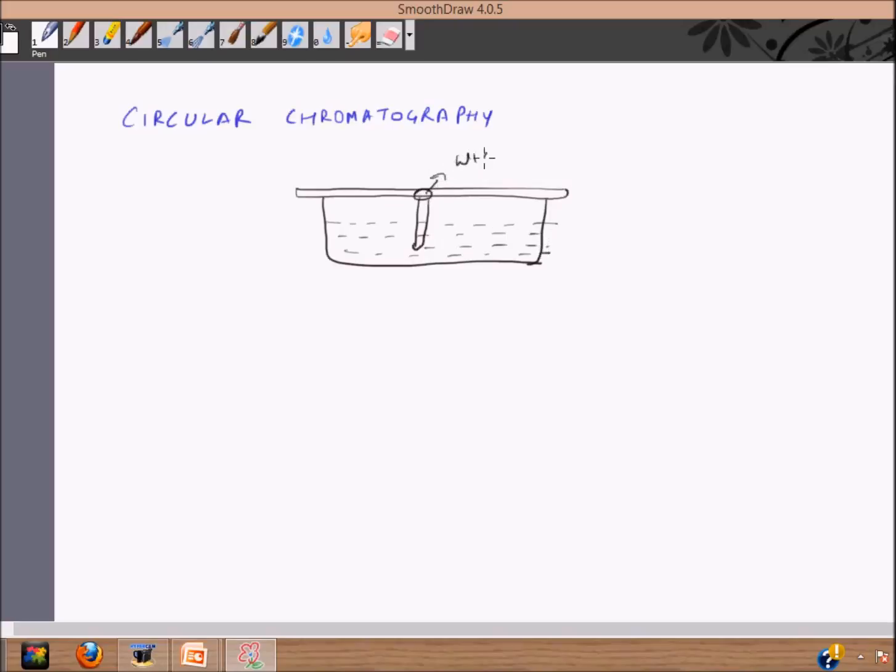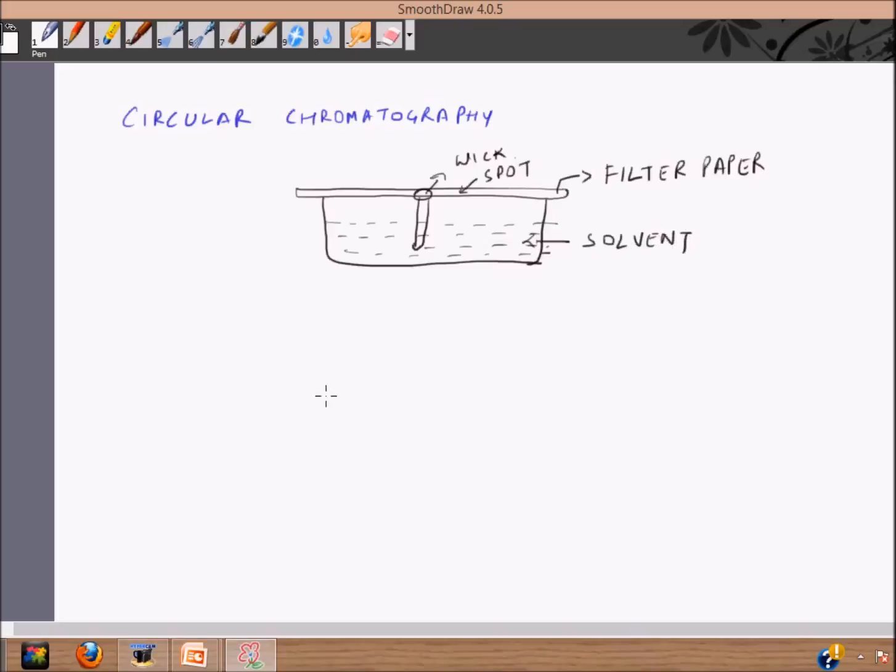This is a wick. This is a spot. This is a filter paper, the circular filter paper. This is a solvent.